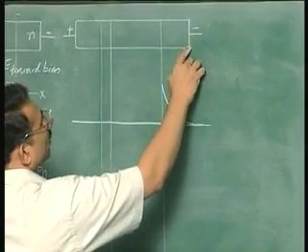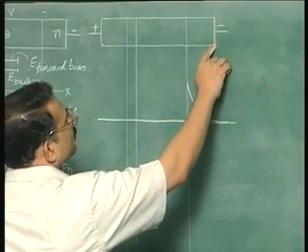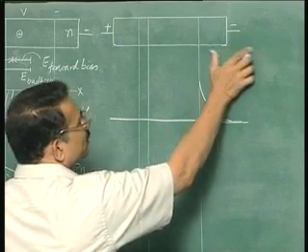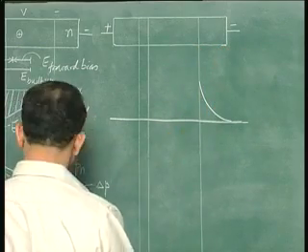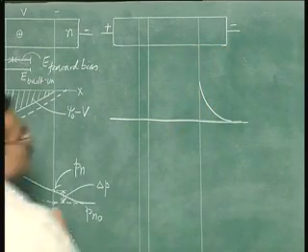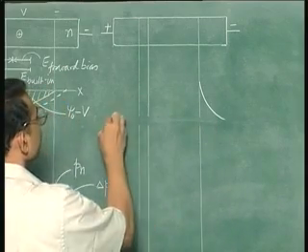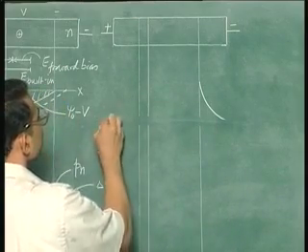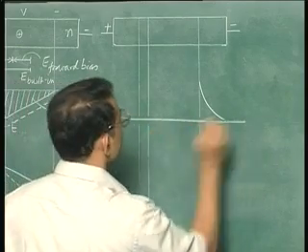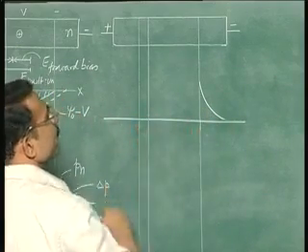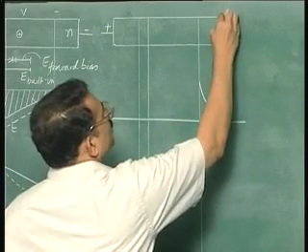So here, although the contact is shown here and this width is small, we must assume that this is sufficiently long. So we will redraw this neatly. And this is also assumed to be long enough.